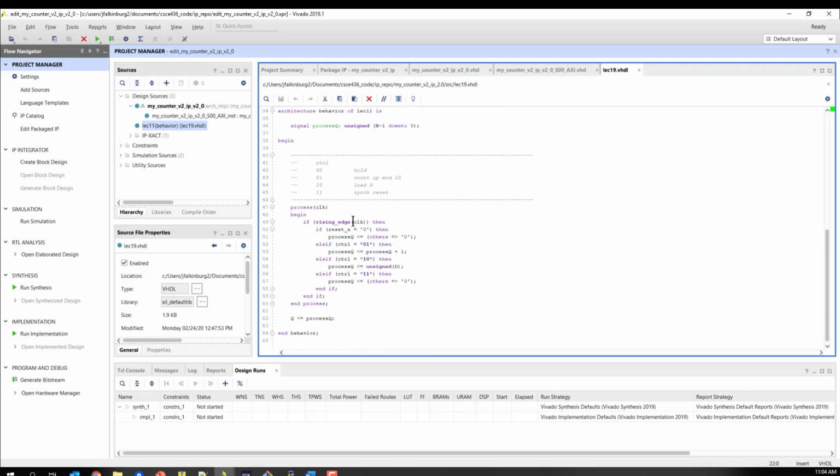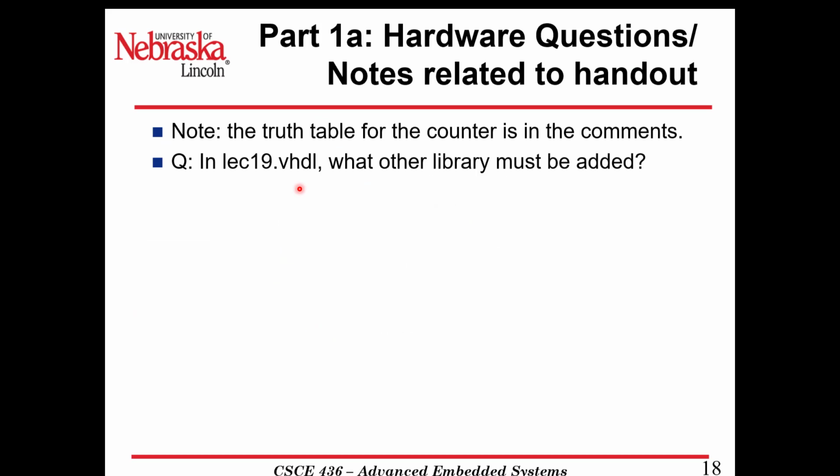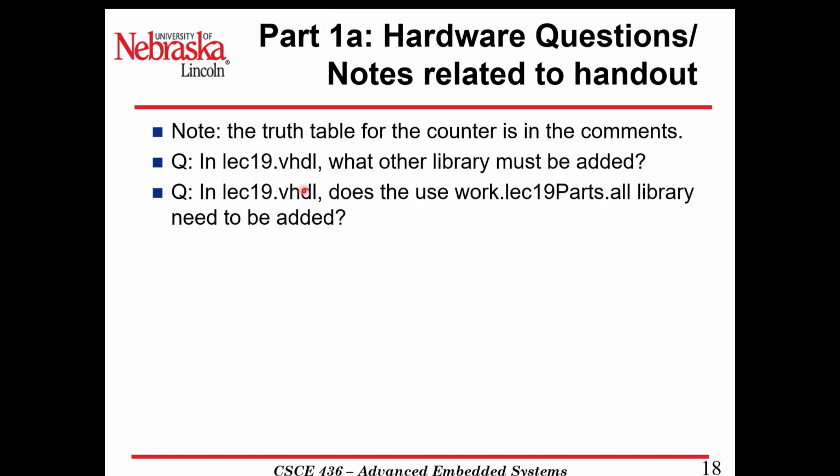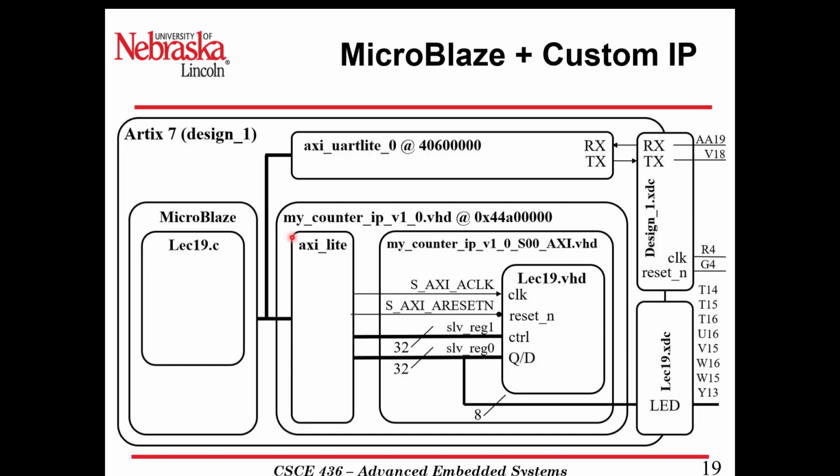Because we're counting up. Do we use the word lecture 19 parts at all? No, right now we're not, just because I was not able to get Bravado to recognize those parts folders or IP cores.